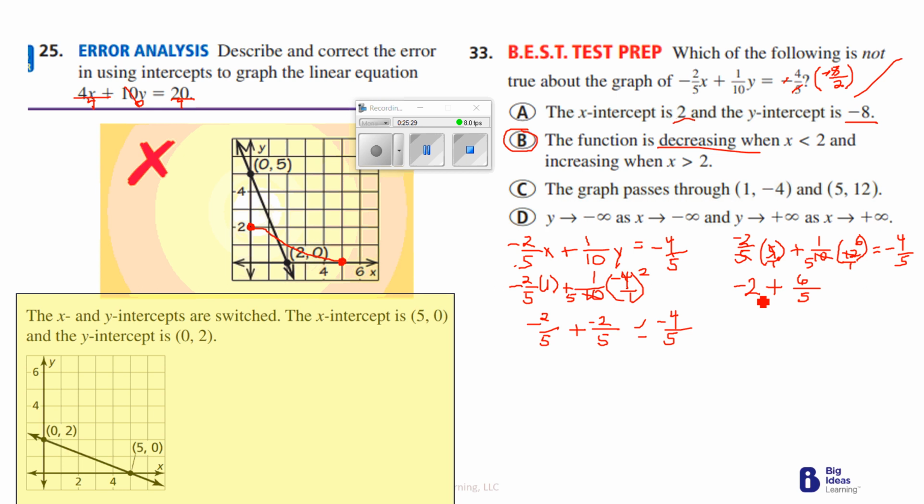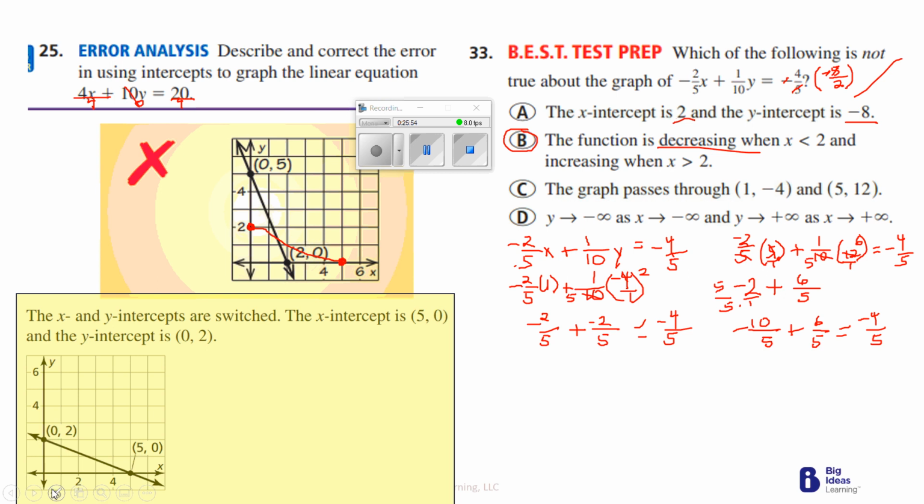Now I have to take this negative 2, turn it to a denominator of 5. We'll start with 1, multiply both sides by 5. This will give me negative 10 over 5 plus 6 over 5. And negative 10 plus 6 would equal negative 4 over 5. So that statement is also true.